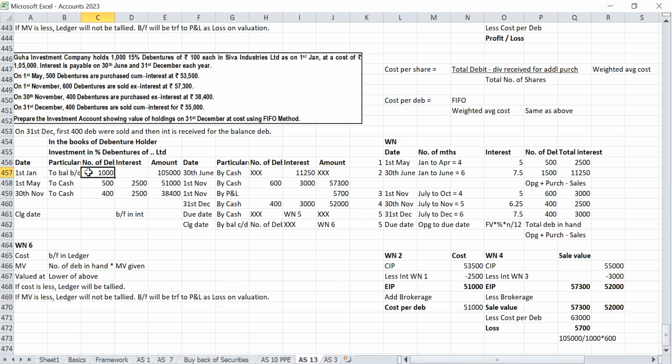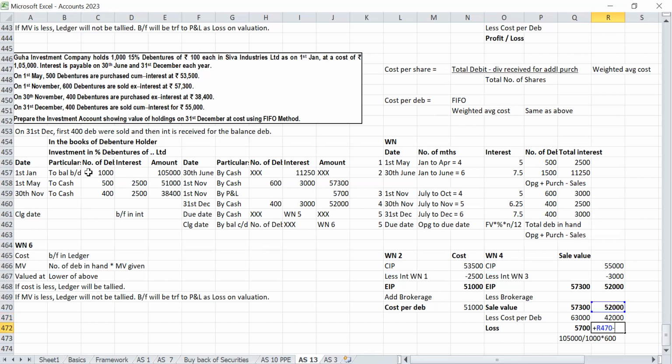So how to compute the cost? The cost is already computed for the previous tranche, so we can use the same cost per debenture. 1,05,000 divided by 1,000 debentures is the cost per debenture, 105. 105 into 400 debentures sold.